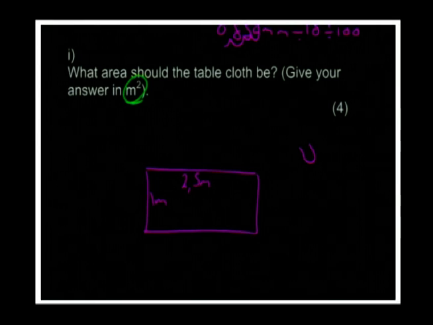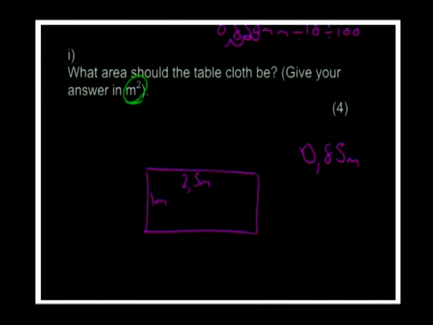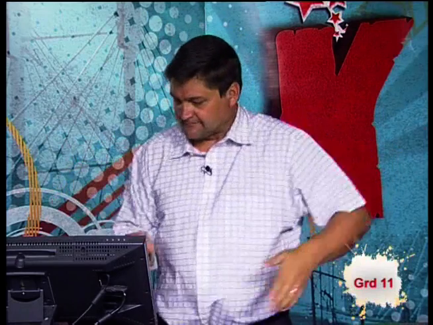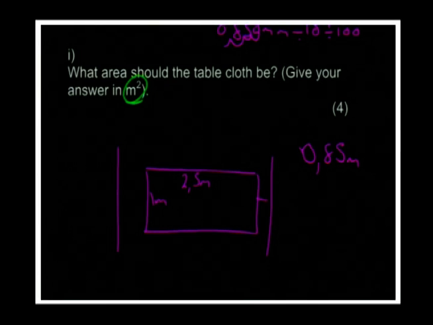So how high is the floor from the top of the table? Well, we're told it's 0.85 meters. Now, that means my tablecloth can't only be 2,5 meters wide. It's also got to wrap over this end and wrap over that end. In other words, it's a further 0.85 meters, and a further 0.85 meters.